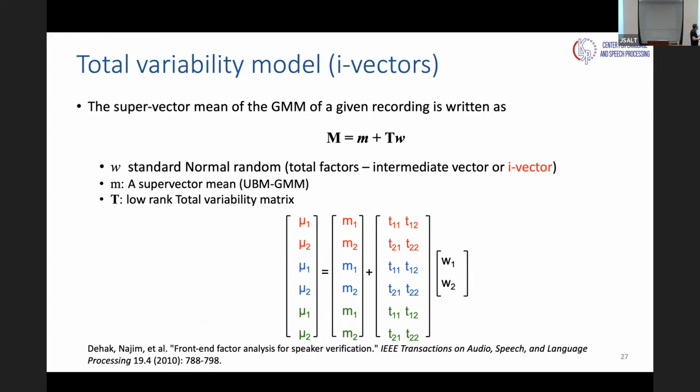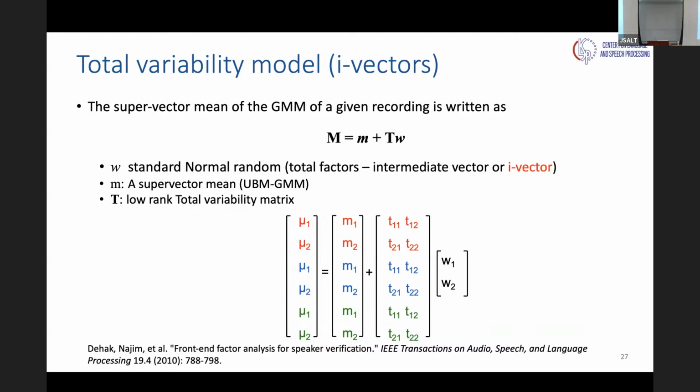We are going to take the means of this Gaussian mixture model and concatenate them into a supervector, and we are going to call it uppercase M. This supervector is going to be equal to another mean vector that is called the universal background model mean. Basically, it's the mean of a GMM that is not specific for any audio. It's like the average of all audios. Plus a T matrix that we call the total variability matrix, that is a low rank matrix.